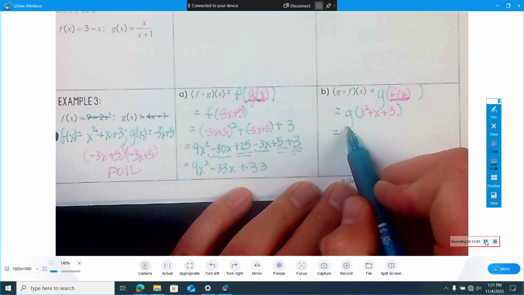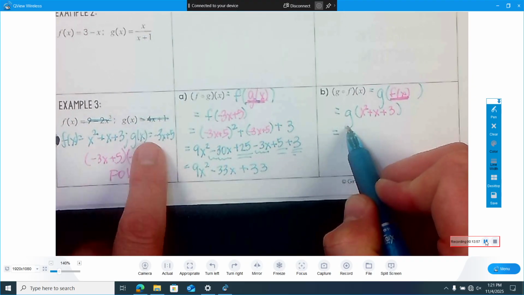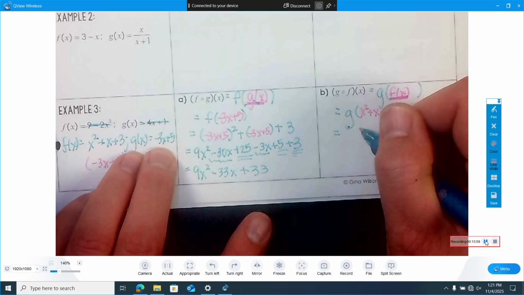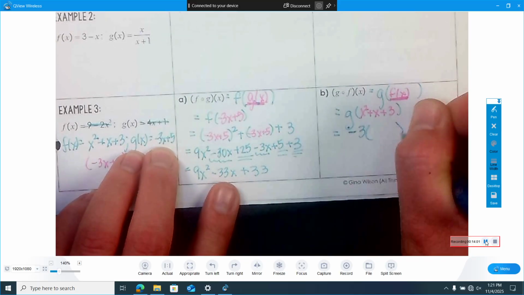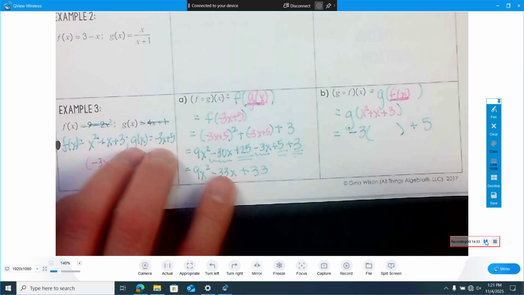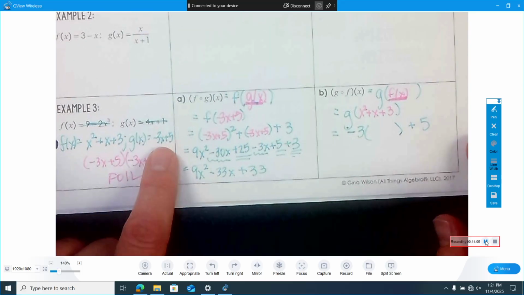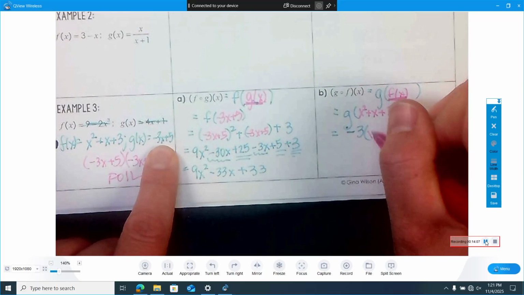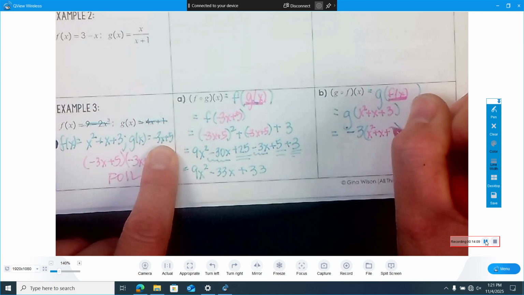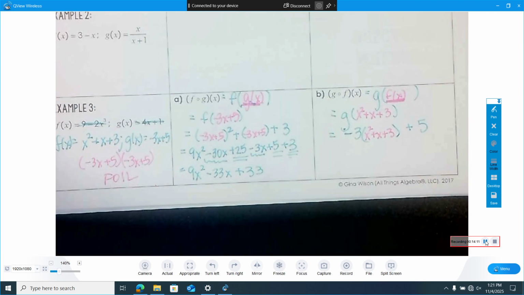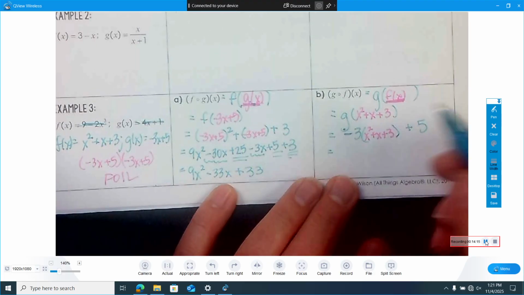And so now this says go to the g function, and we don't want to use the x anymore. So instead of the x, we're plugging in this craziness. So I have my negative 3 instead of x. We're plugging in x squared plus x plus 3. And all we have to do here is distribute.